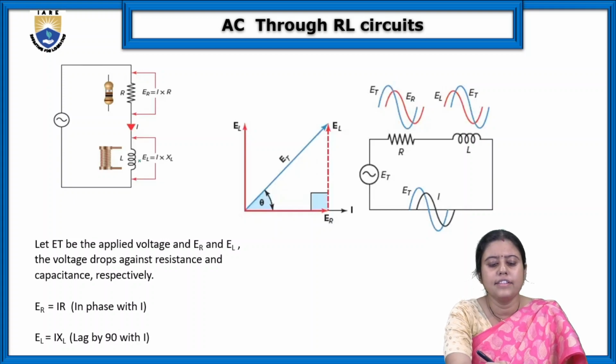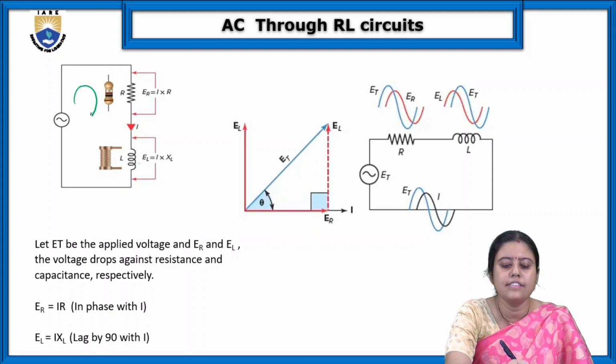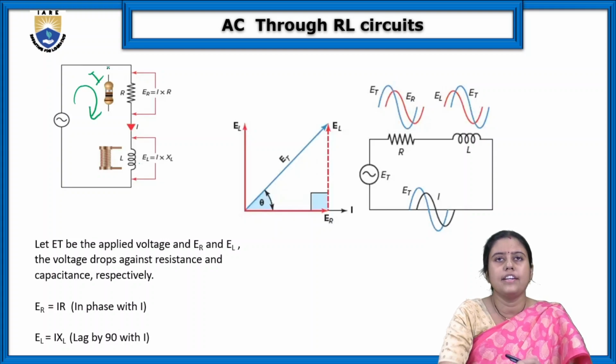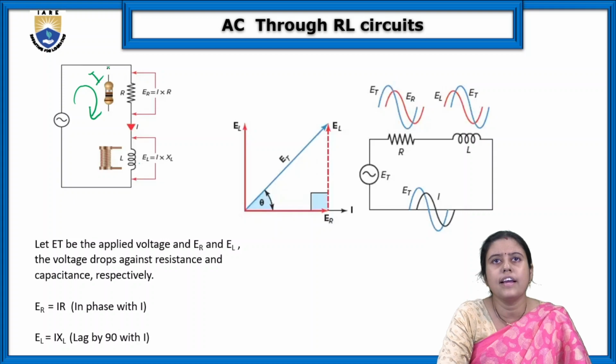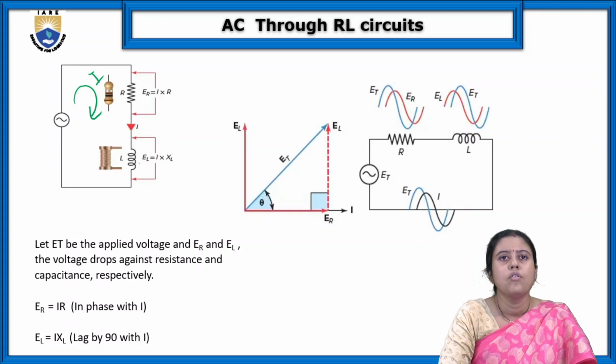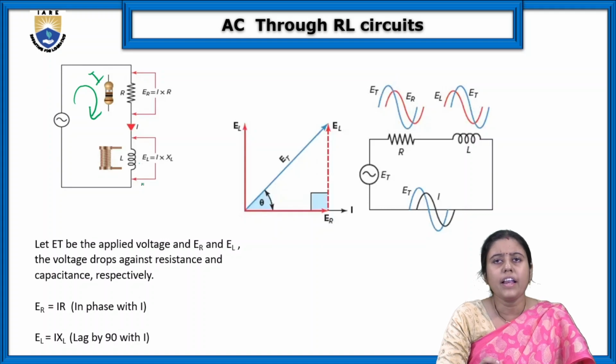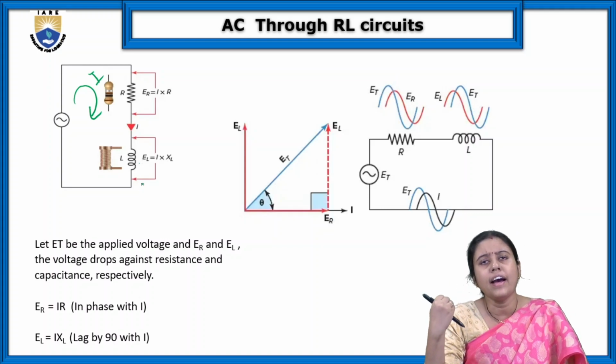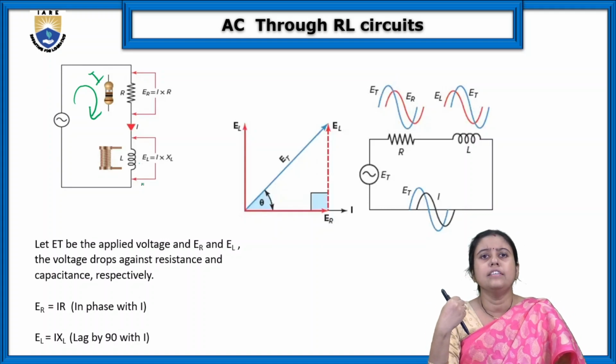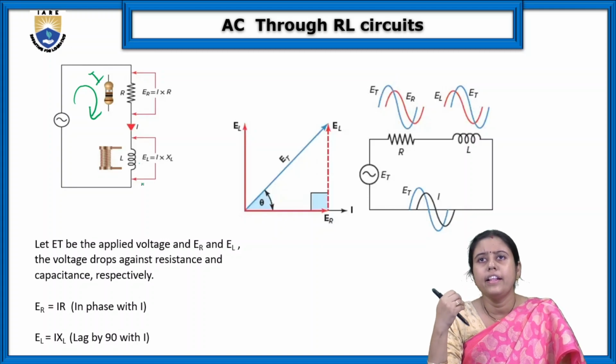So you can see this is the R and L. So what is the voltage? As this is a series circuit, the same current is flowing. So what is ER? ER is equal to IR. What is EL? EL is equal to I into XL. And we have to know, as this is a lagging current, the current is always lagging.